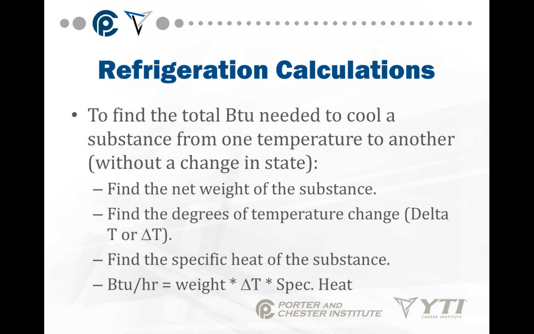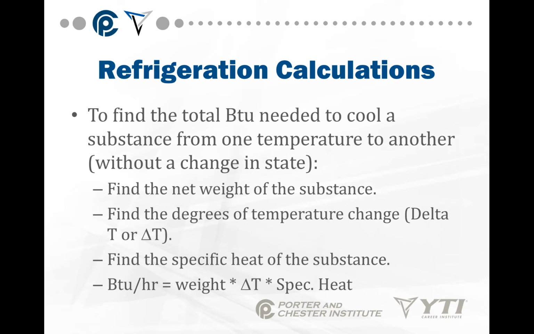So there are some refrigeration calculations we have to worry about. You really only need to know this when you're running across a problem condition. For example, something isn't cooling properly and you're not sure of the design of the refrigerator. So you have to find the total BTUs needed to cool a substance from one temperature to another.